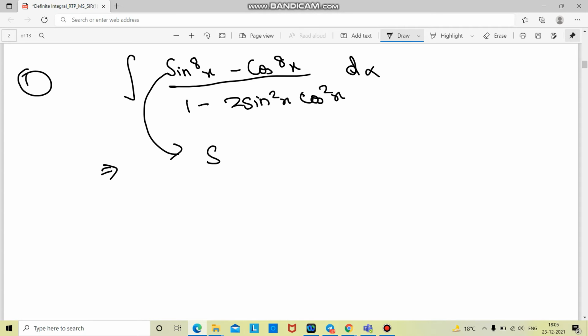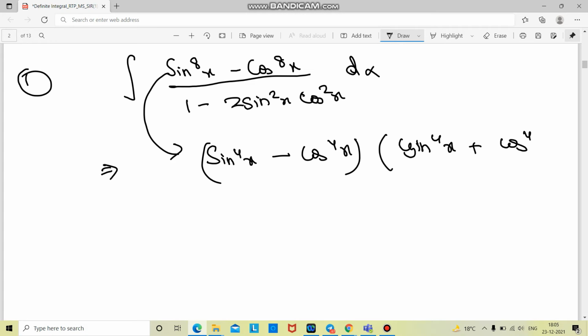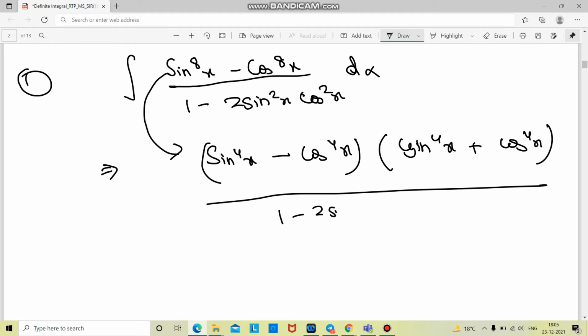We can break this, and it converts into (sin^4 x minus cos^4 x)(sin^4 x plus cos^4 x) by (1 minus 2 sin^2 x cos^2 x) dx.